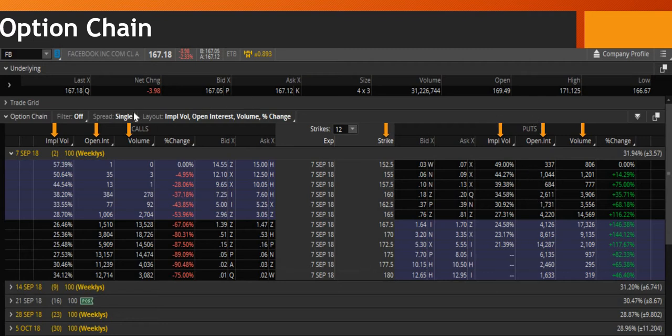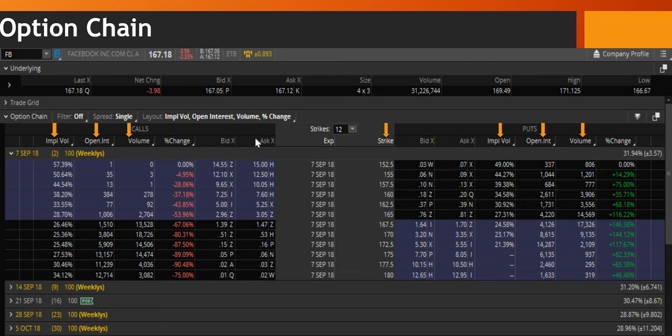Both calls and puts have a quote. Each option has a quote, which includes a bid and an ask. Now, the bid is where you sell at.